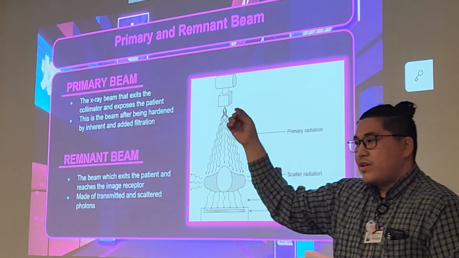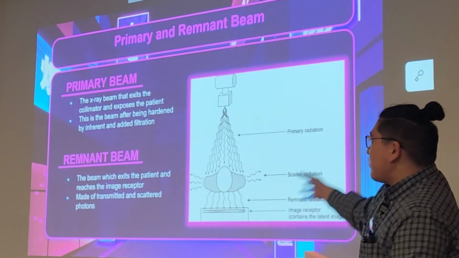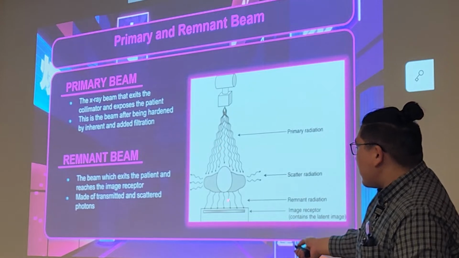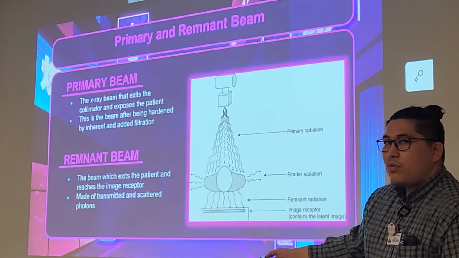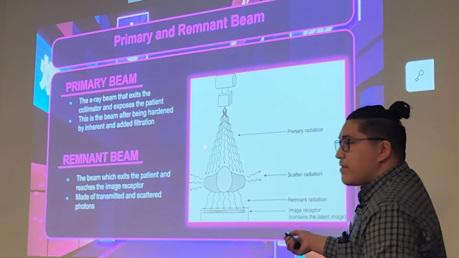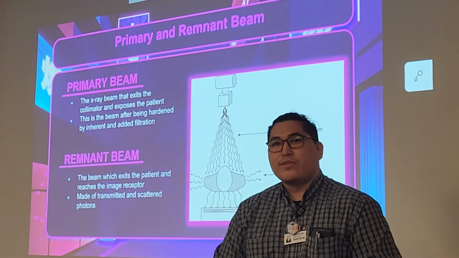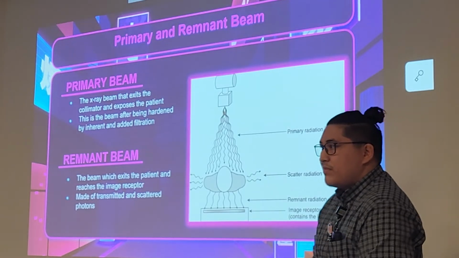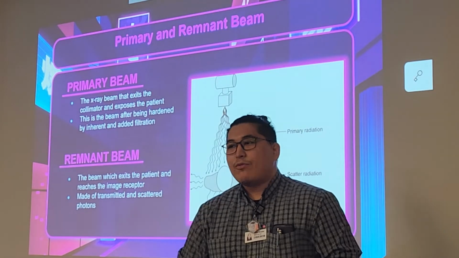Those X-rays exit through the port, and then they hit the patient, and then hit the IR. When those X-rays exit the port, before they hit the patient, that's referred to as the primary beam. After they hit the patient and exit the patient, that will be our remnant beam.